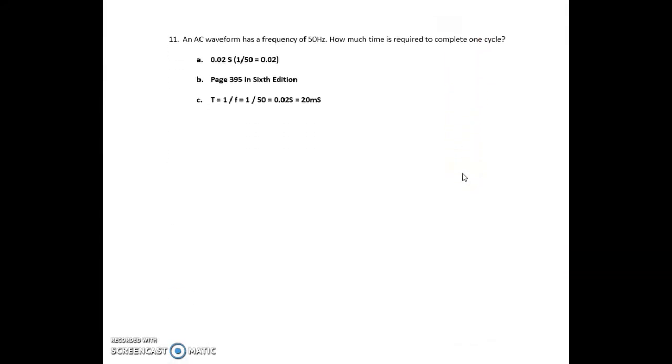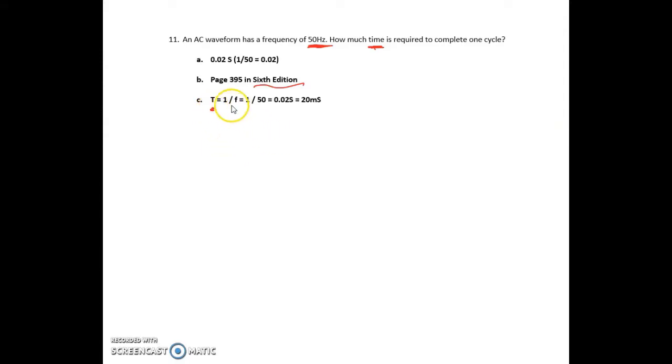Number 11, an AC waveform has a frequency of 50 Hertz. Be careful here. We here in the US are accustomed to seeing 60 Hertz all the time, so just be careful on the values in the questions. Question, how much time is required to complete one cycle? In the 6th edition, the formula is given on page 395.